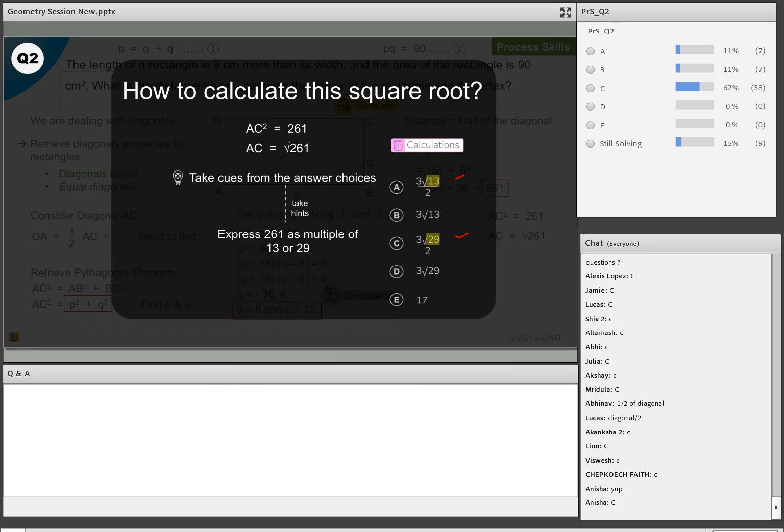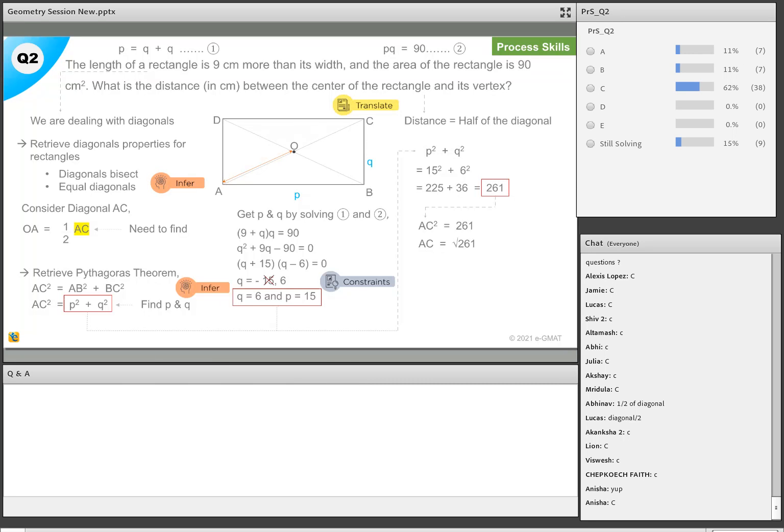So if I calculate that out, I get the value of 261 to be equal to 9 times 29. So 261 is 9 times 29. You take out a 9 outside the square root, you get a 3. So the value of AC would be 3 times root 29, or half of that would be half of 3 times root 29, and that is the answer for your question.